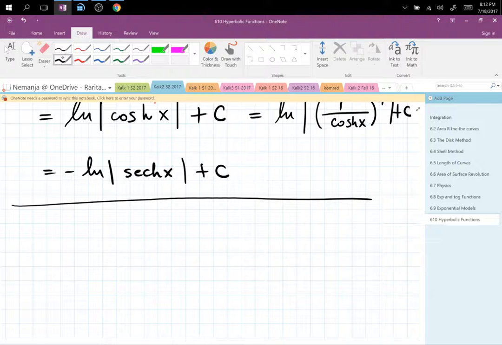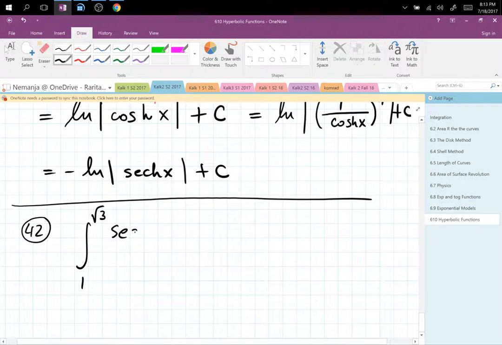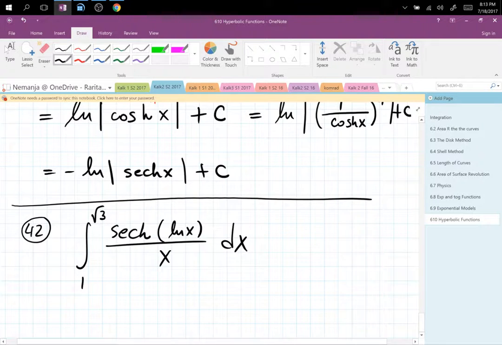Wonderful example. 42. It's integral from 1 to square root of 3 of secant hyperbolic of ln of x divided by x dx. All right, see you next week.